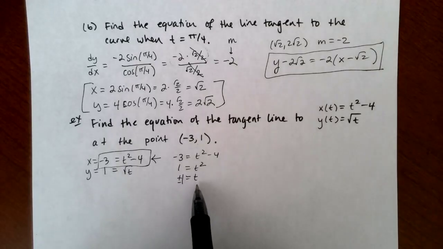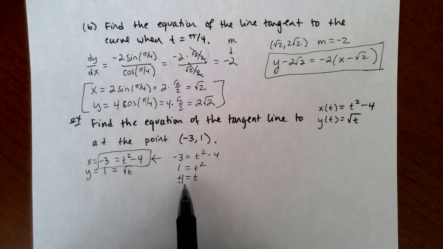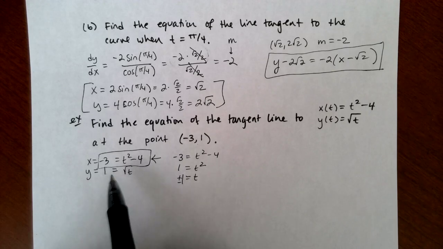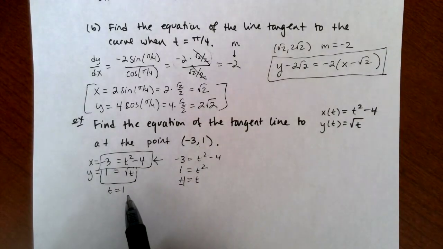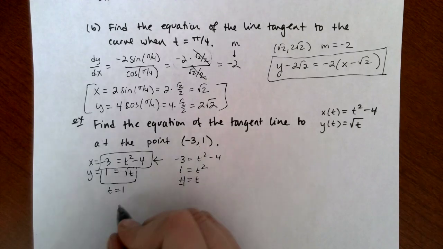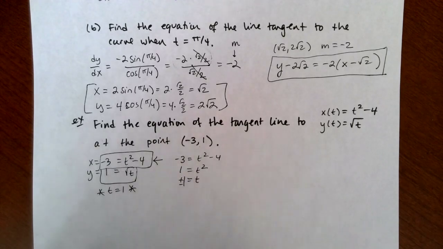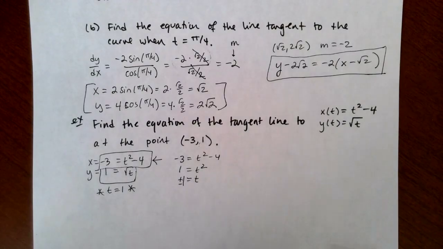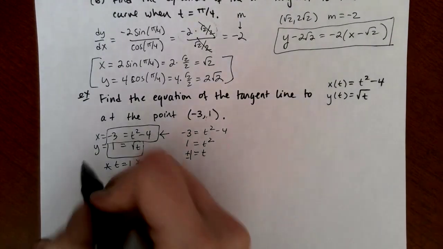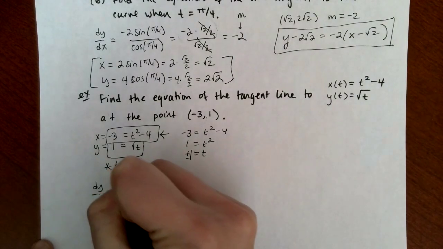Right? So then we bring it to y and say, all right, which, if any, of these t values makes y equal 1? And we can see from this formula here, t would have to be positive 1 since we can't square root negative 1. So t equals 1 is the actual time value that's going to create this point. Okay, so now we can do dy/dx for the slope.